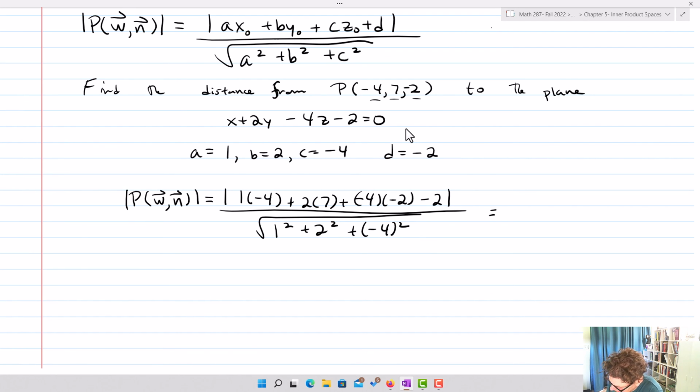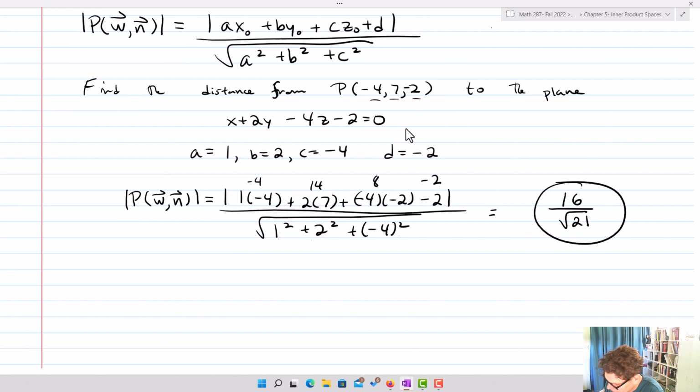Do a little work here. We get -4 plus 14 plus 8 minus 2. So that's 10, 18, 16. So it's going to be 16 over the square root of 21. And that is our distance.